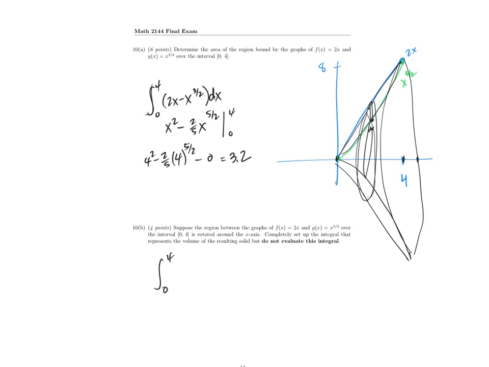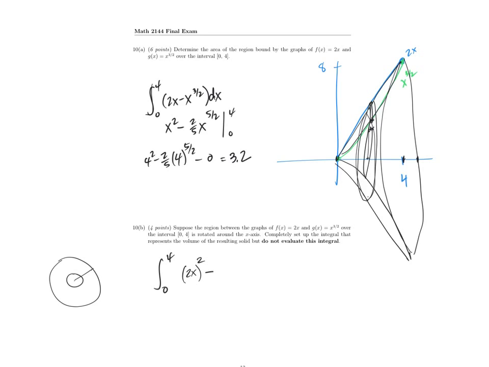Okay, and the volume of that washer is going to be the area. I have this outside radius and this inside radius. The outside radius goes from the middle up to the blue function, which is 2x. So 2x. And then the inside radius goes from the center up to the green function, which is x to the 3/2.